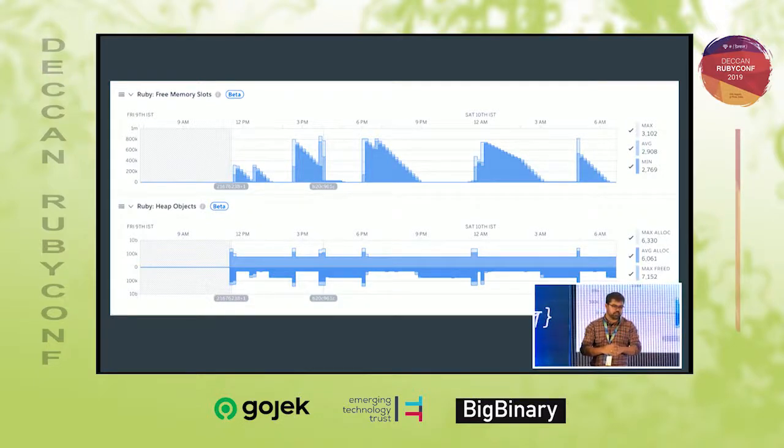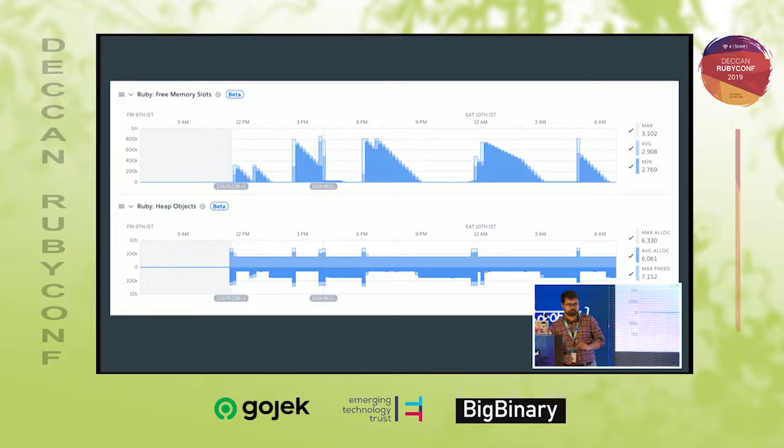If you see that 12 AM graph, the free memory slots were quite high, and then it steadily declined. As Ruby takes quite a lot of memory in chunks from the operating system, when giving back it also follows that principle. It gives back in steps, in chunks.